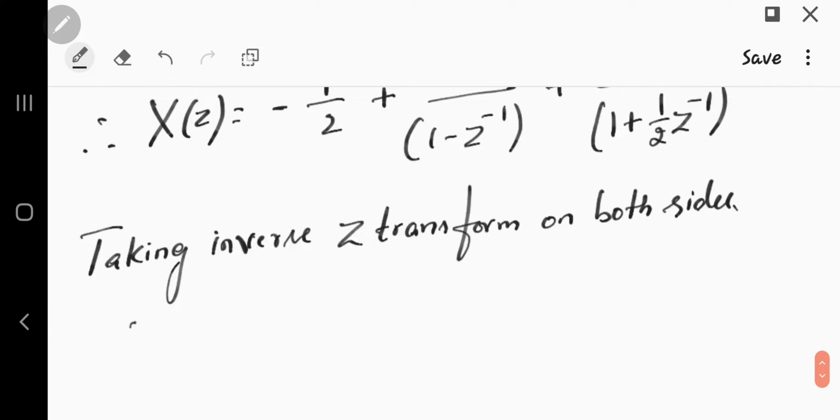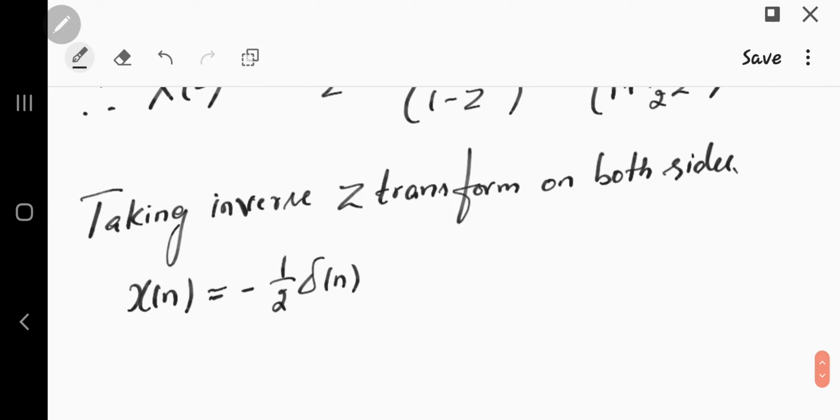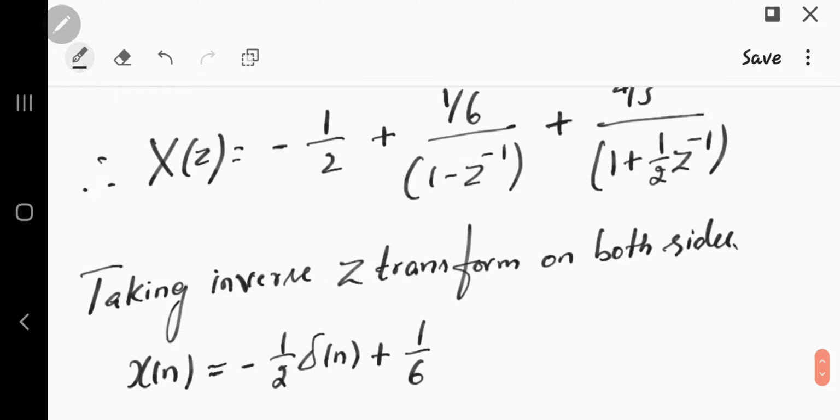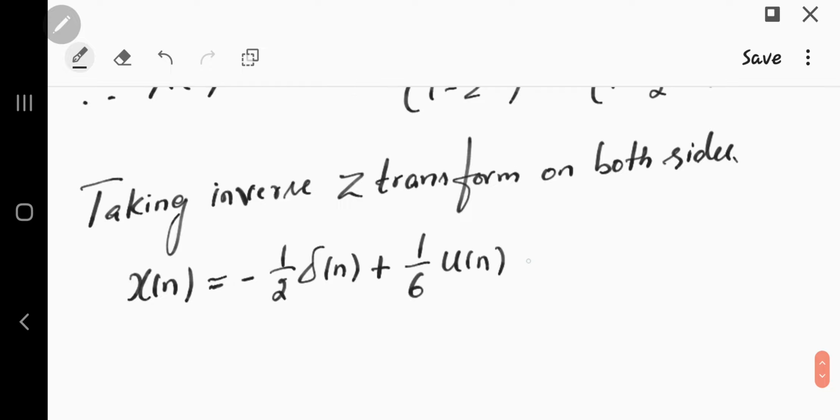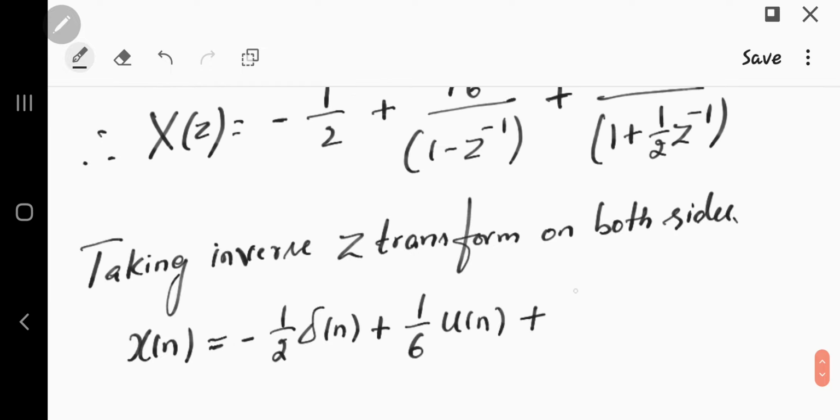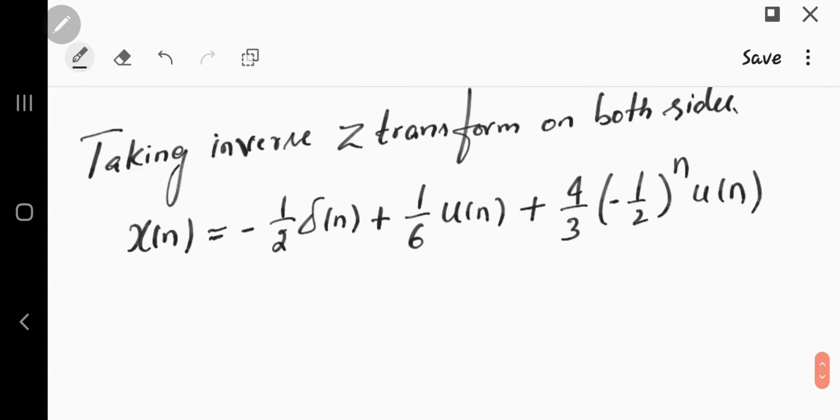So this is minus 1 by 2, the first term, so that we can write it as minus 1 by 2 into delta n, because the Z transform of delta n is 1, and here plus 1 by 6, and if you take 1 by 6, it is 1 divided by 1 minus Z inverse, that is the Z transform of U of n, and here plus 4 by 3 into minus 1 by 2 to the power of n into U of n. So this is the input for the system.